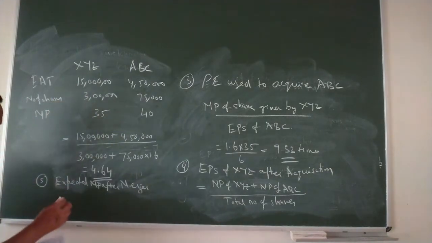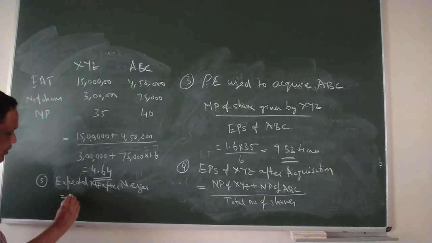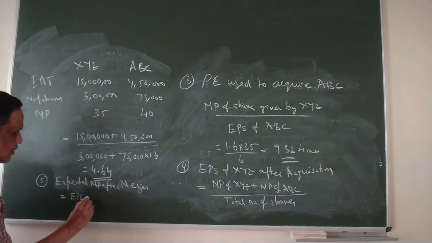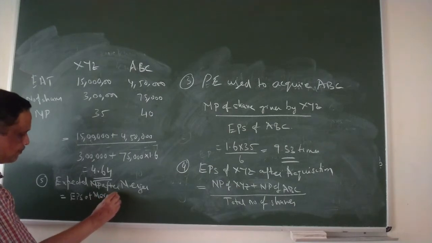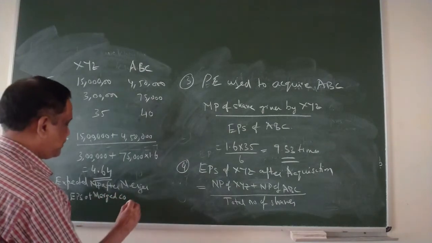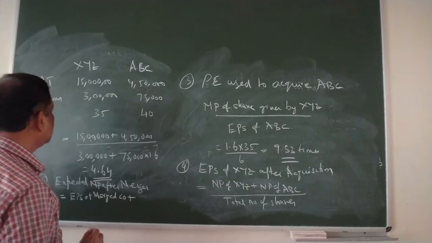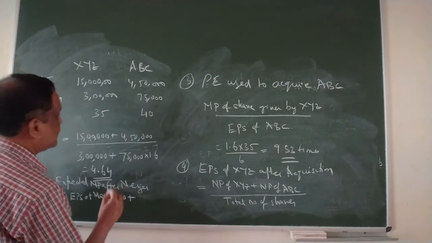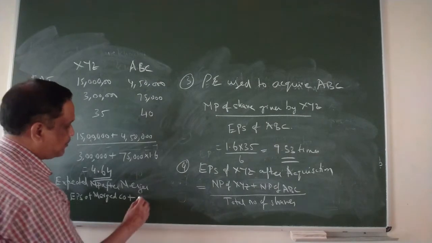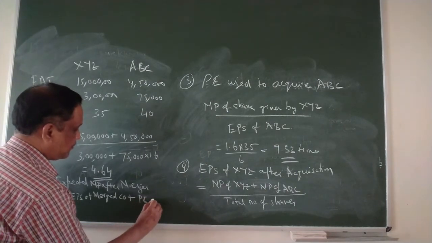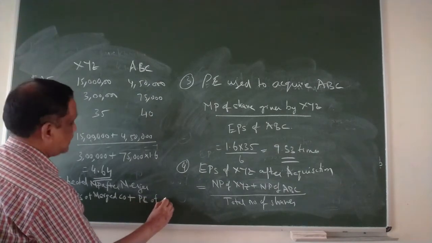So that will be EPS of merged company multiplied by PE of XYZ.